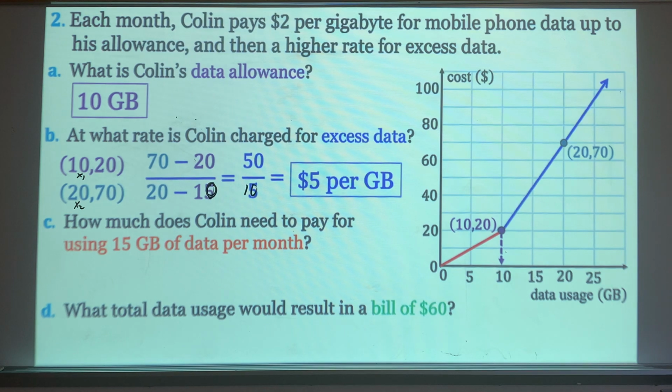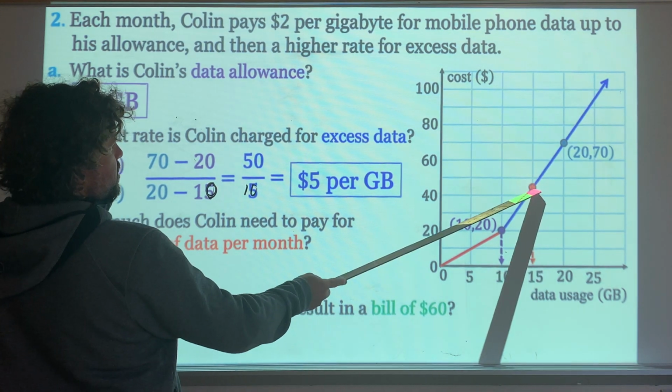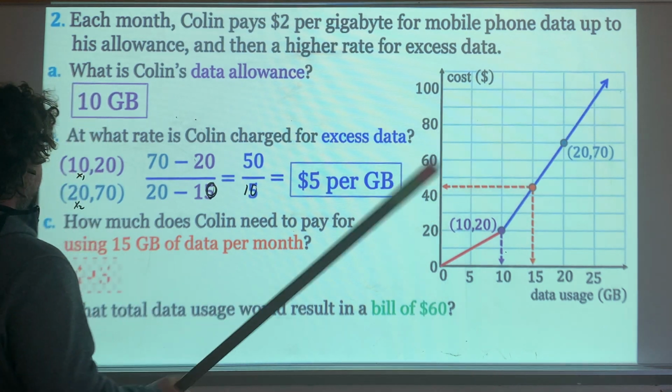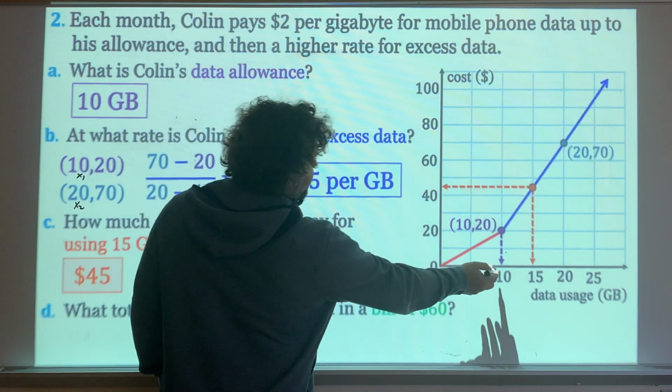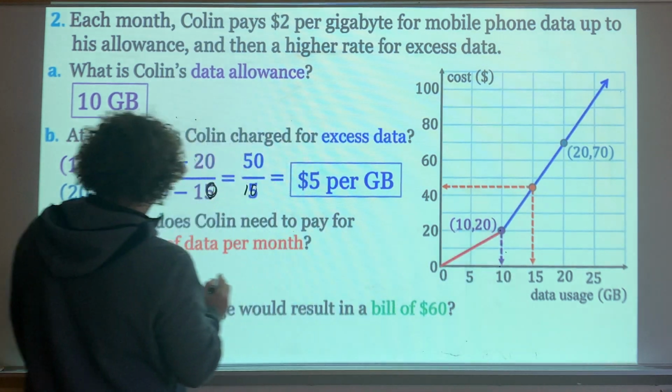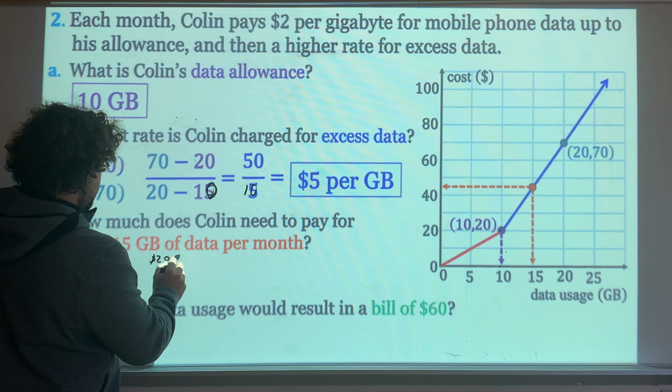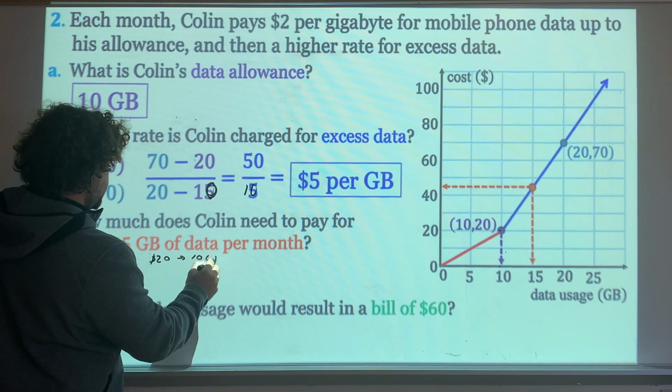How much does Colin need to pay for 15 gigabytes per month? So 15 gigabytes is right here. Shoot it up over, move it to the left. He has to pay $45. All right. If you want to see how that is, well, mathematically, like I said, the graph is fine. For the first 10 gigabytes, he pays $20. Okay, so $20 for 10 gigabytes, right?